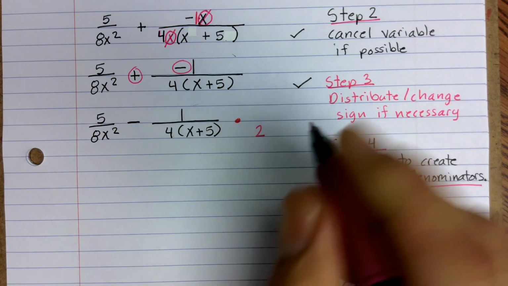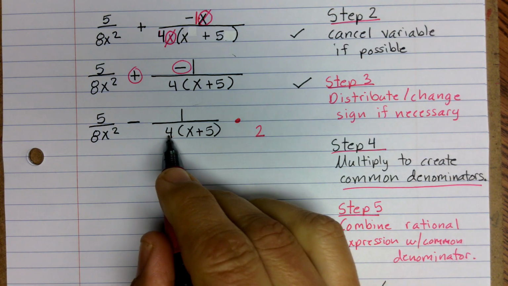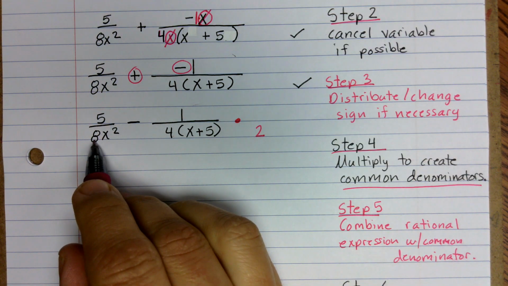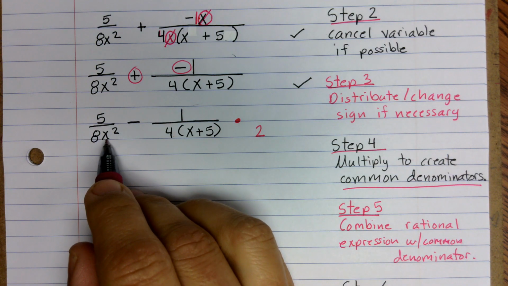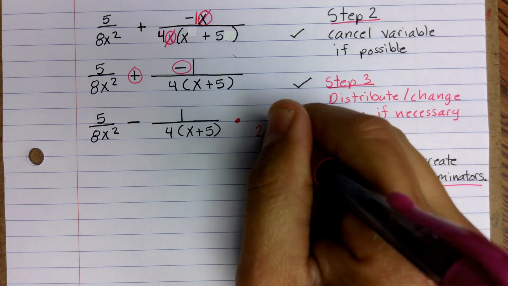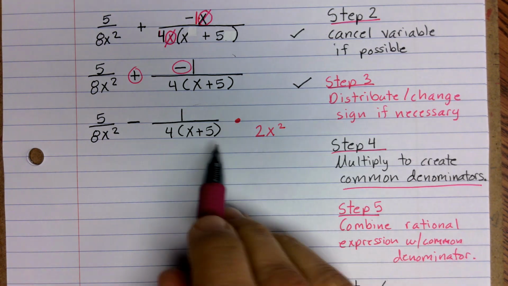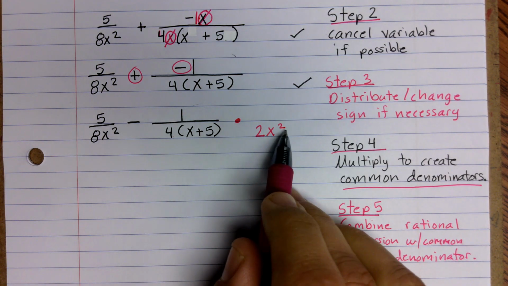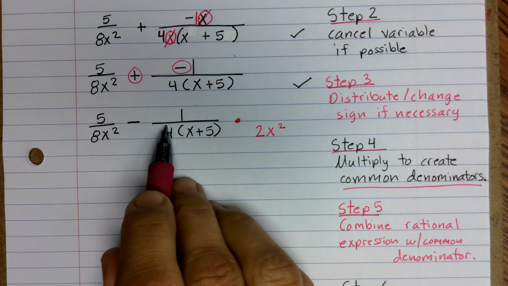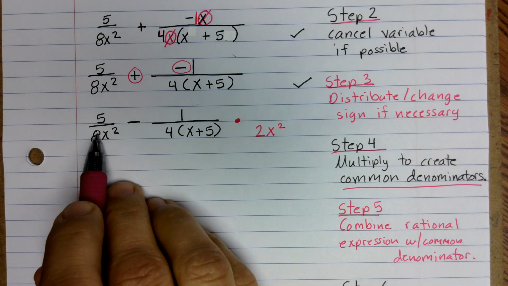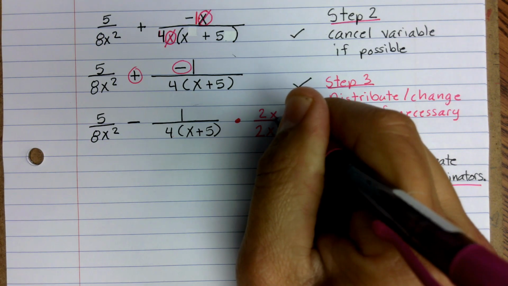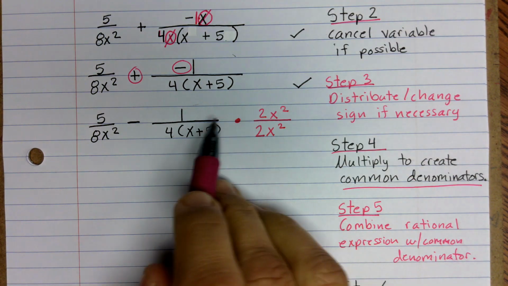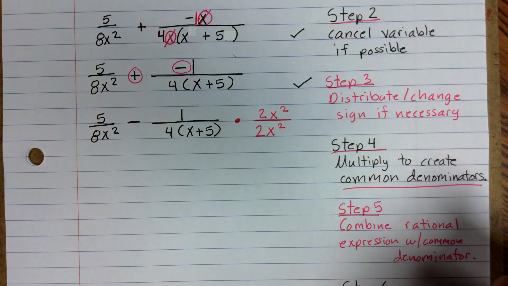I'm definitely going to have to multiply it by 2, because 2 times 4 gives me 8. And in order to get 8x squared, I also need to multiply it by an x squared. So I'm going to multiply this denominator by 2x squared so that I can convert this 4 into an 8x squared. Now remember, whatever you do to the bottom, you must do to the top as well. So I'm also going to have to multiply the numerator by 2x squared.